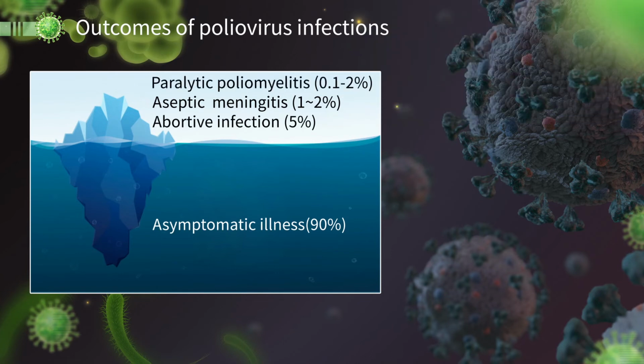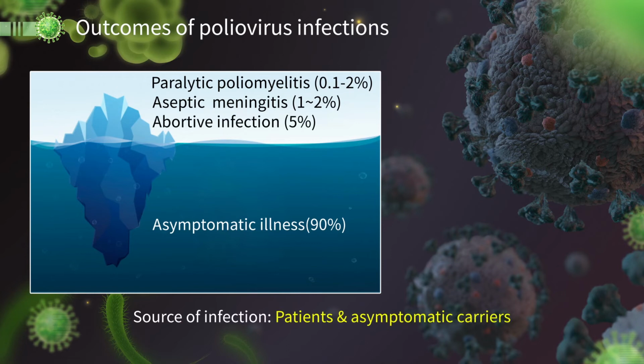Paralytic polio, the major illness, occurs in 0.1% to 2% of persons with poliovirus infections, and is the most severe outcome. Patients and asymptomatic carriers both can be the source of the infection.